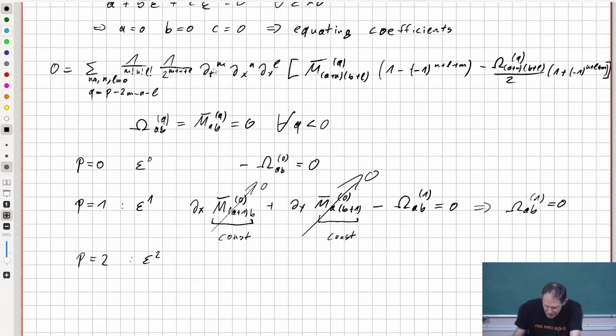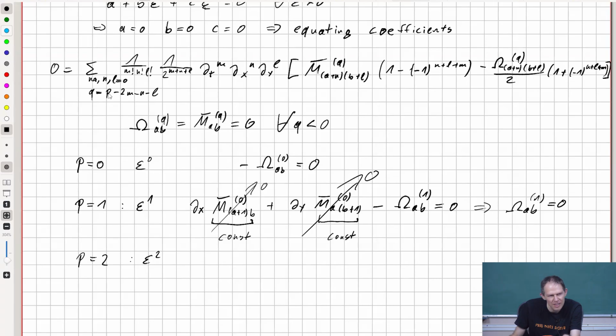Now comes the first time that we have a time derivative here. We didn't have a time derivative previously, because if p is equal to 1 and minus 2, we get to negative, and we have no negative expansion moment, so there was no time derivative.